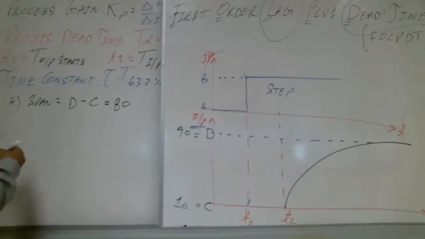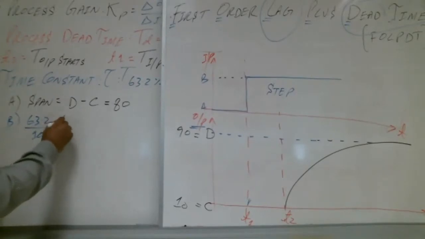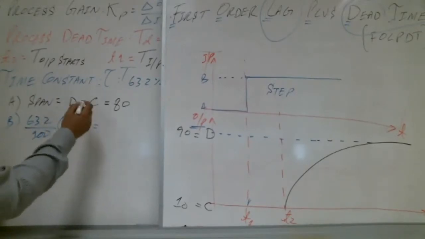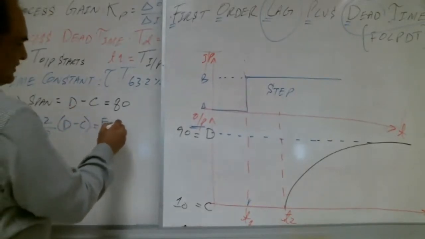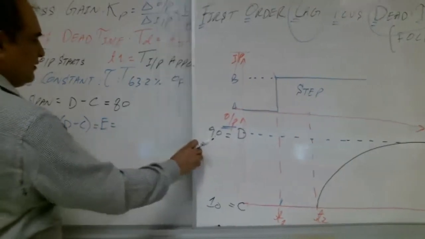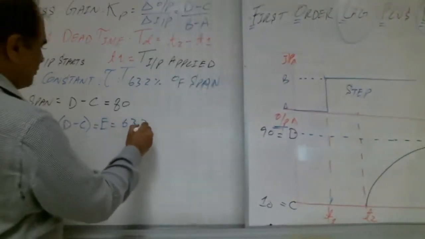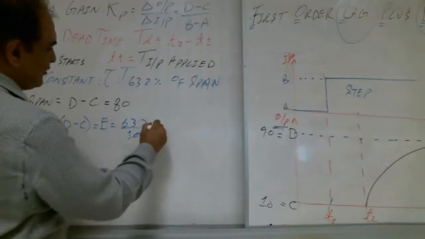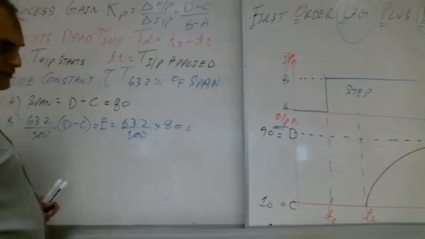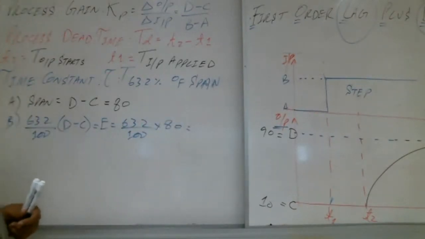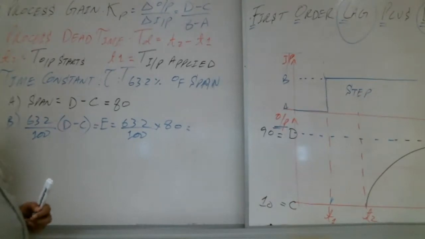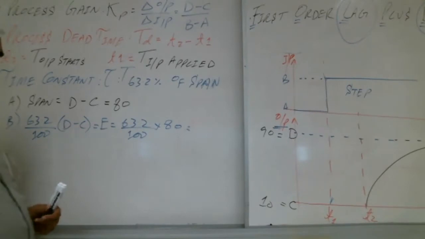Step number 2. Take the 63.2% of span. Say it is E. So how much? 63.2 times 80. How much, Shabab?